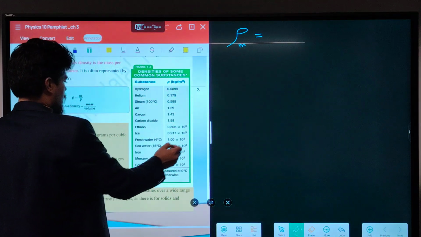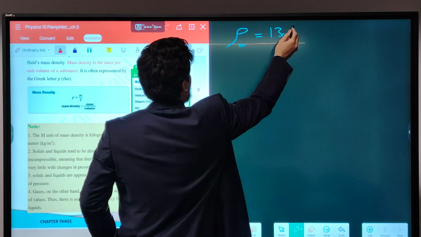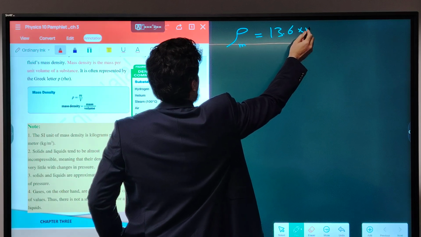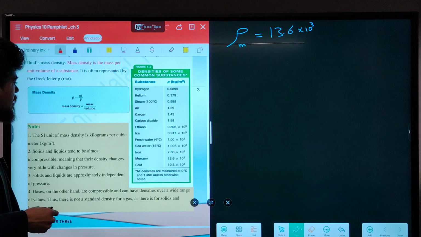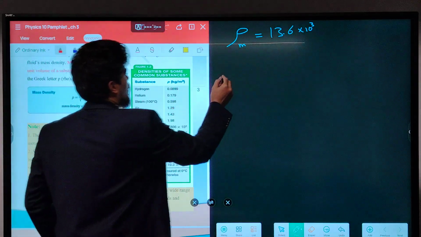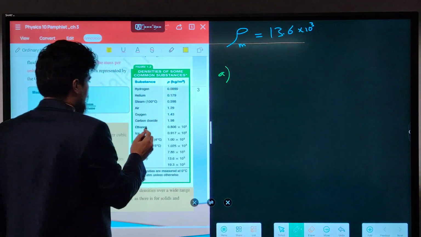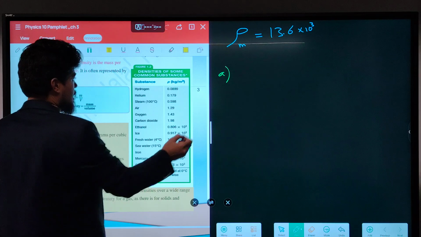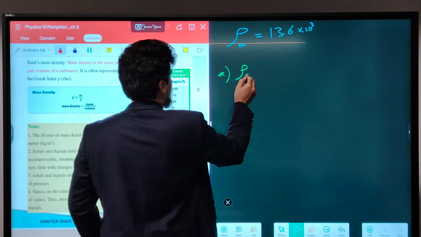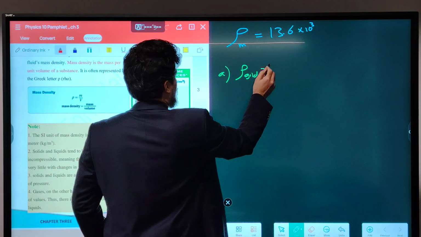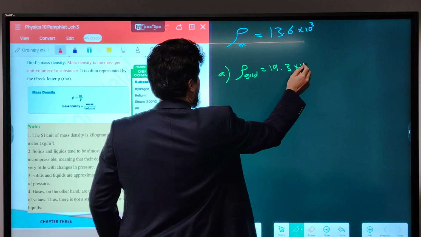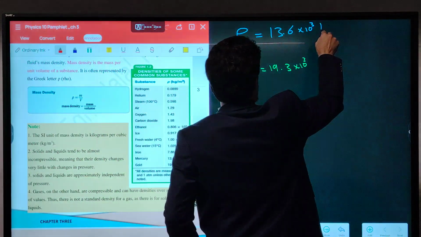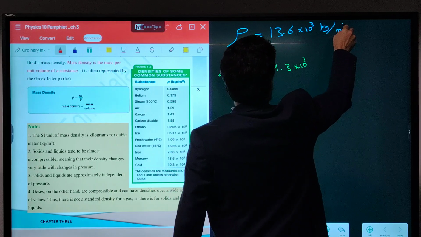The density of mercury is equal to 13.6 times 10 power 3 kilogram per meter cube. The density of gold is 19.3 times 10 power 3 kilogram per meter cube.